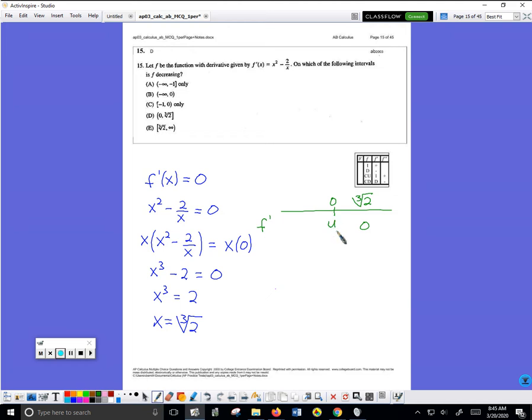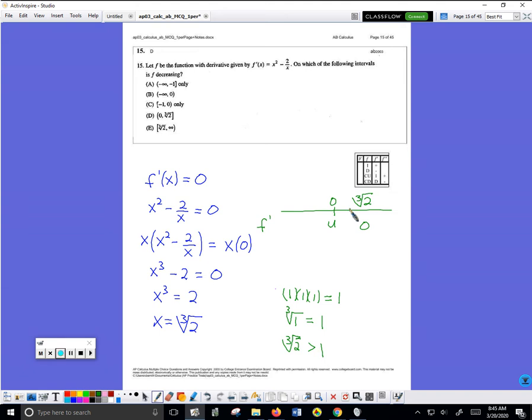Now I need to test in between. Cube root of 2. Something times something times something has to equal 2. Well, 1 times 1 times 1 is equal to 1. So the cube root of 1 is definitely 1. Therefore, the cube root of 2 has got to be something greater than 1.